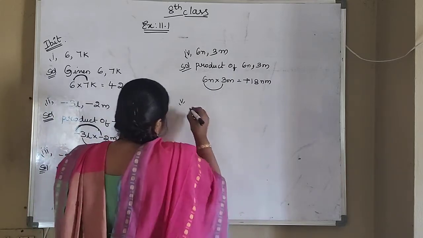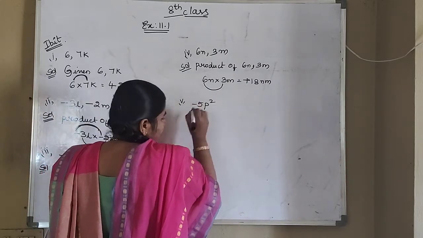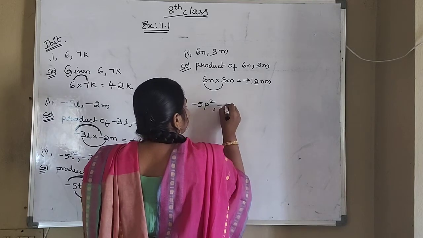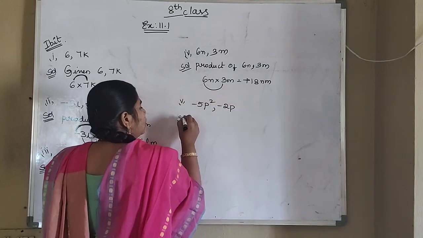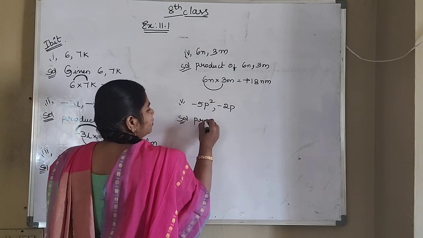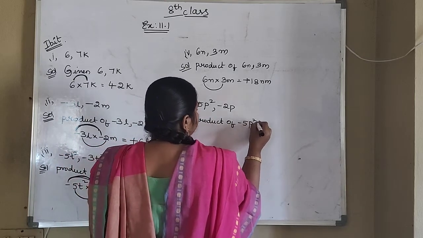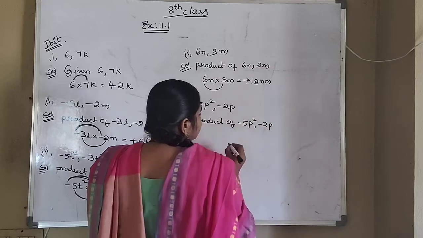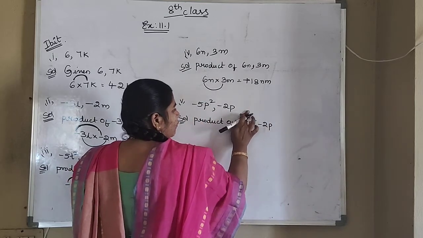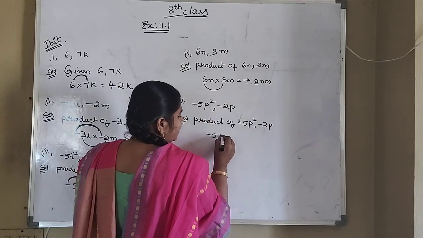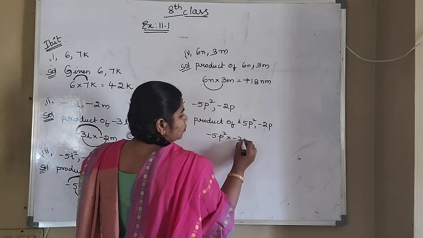Last one, minus 5p square, minus 2p. Again, the product of minus 5p square and minus 2p. Minus into minus we multiply first. Minus 5p square into minus 2p.